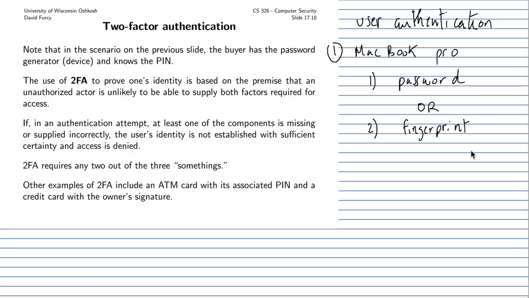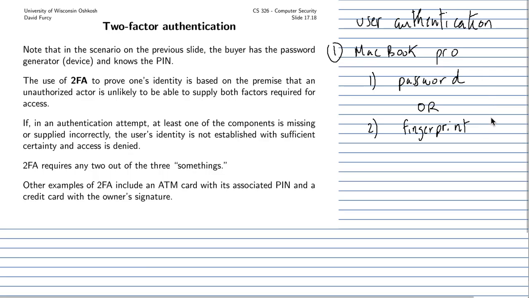Now, to wrap up this lecture on authentication, I want to mention a different kind of approach where instead of letting the user choose between, say, two different authentication techniques, the system requires the user to use both of them simultaneously or one after the other.